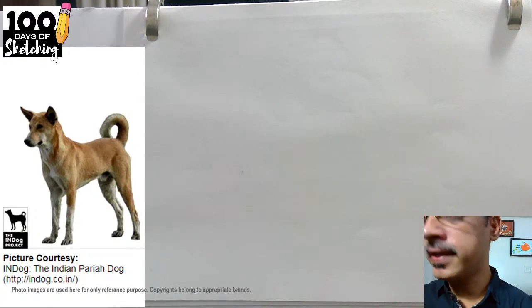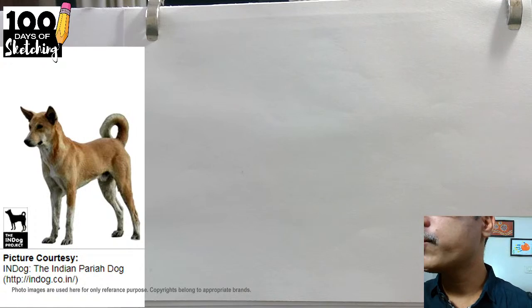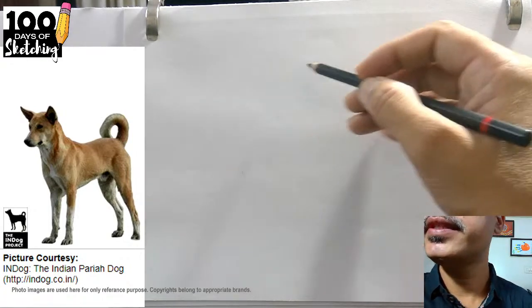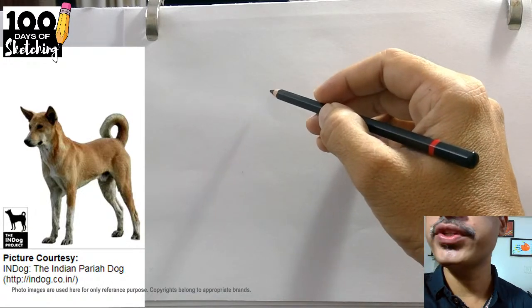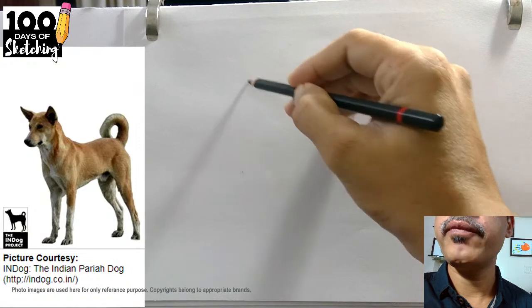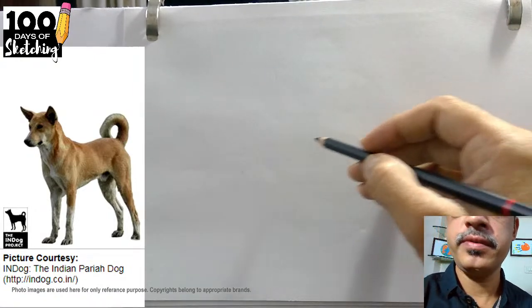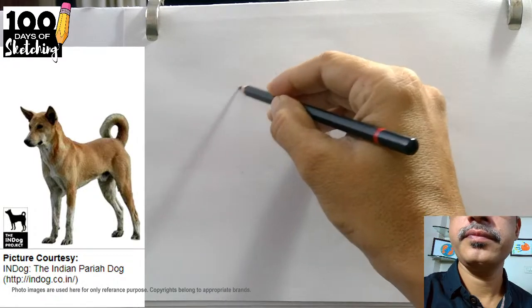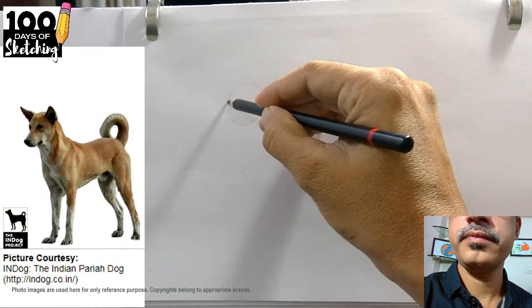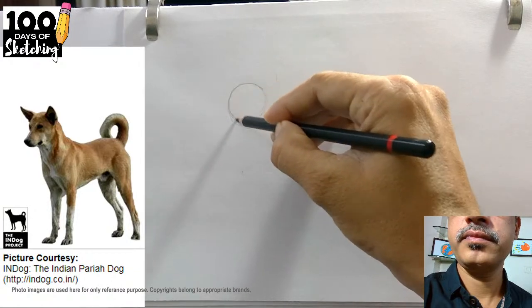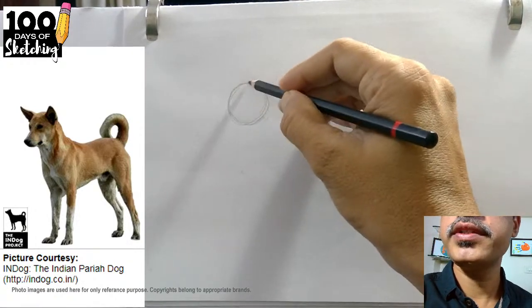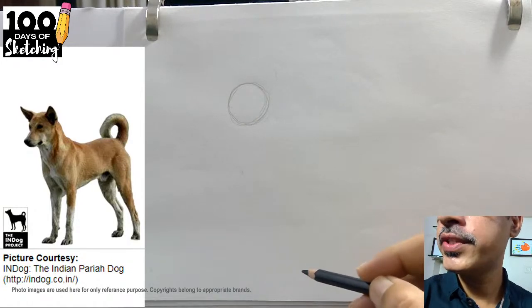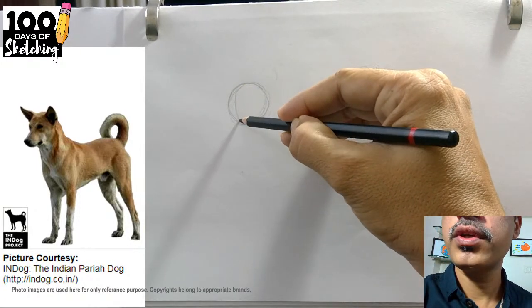What I'm seeing is that there are some structures we should follow, and I will explain what things are there. I can see prominently the head portion. For the head, I choose a little circle here, and it's in a 3/4 pose.